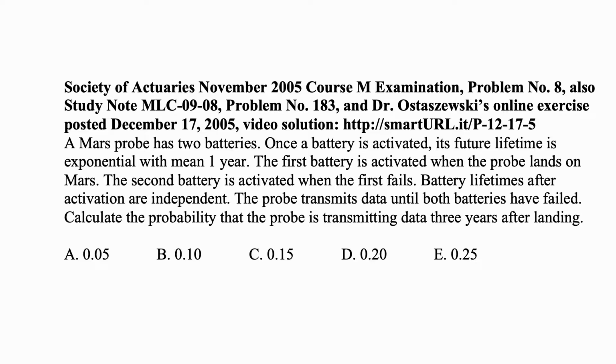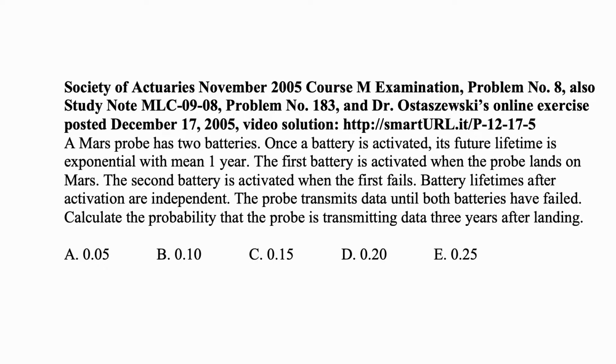Here's a problem for today. It's a problem that was once on exam M, which later on became exam MLC and MFE. It's actually a very nice probability problem, so I use it as an exercise for exam P. A Mars probe has two batteries. Once a battery is activated, its future lifetime is exponential with mean 1 year.